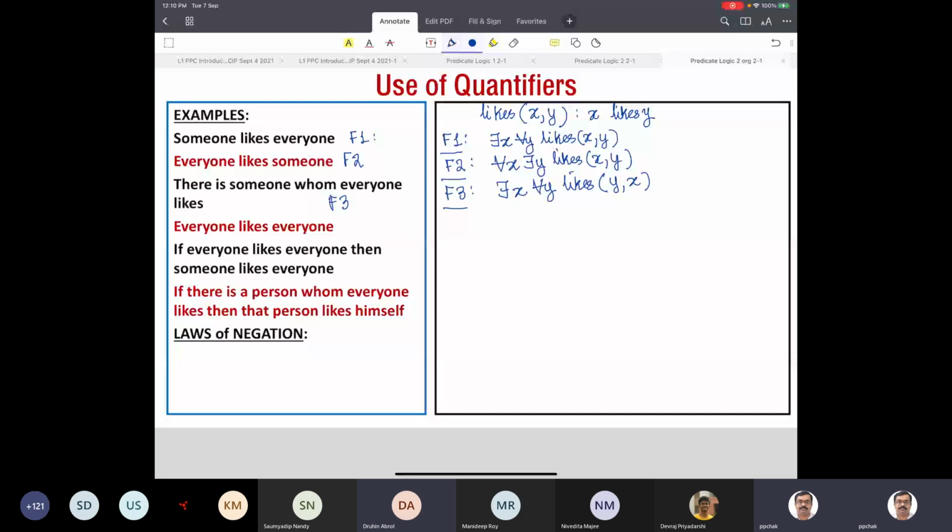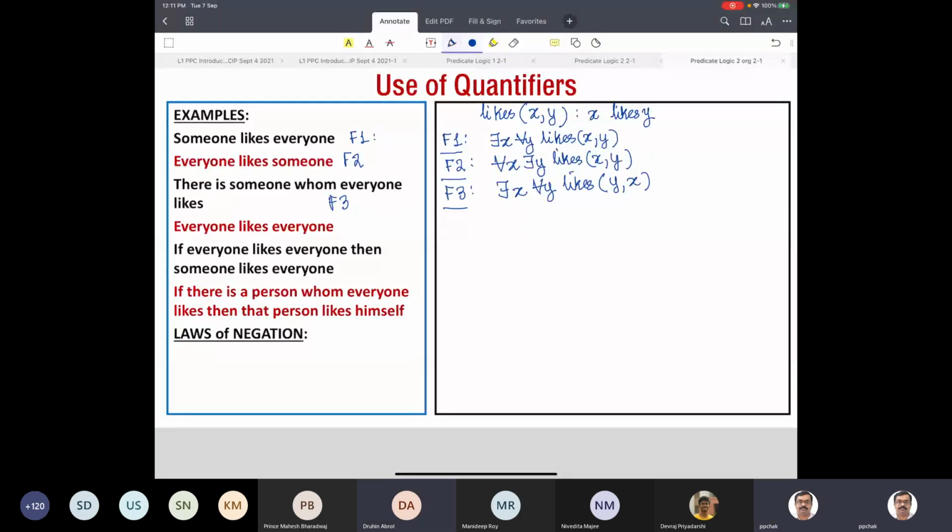So there is one X for all Y. It says there exists X such that for all Y, every Y likes X. So what is the problem here? Is it the same as F2?